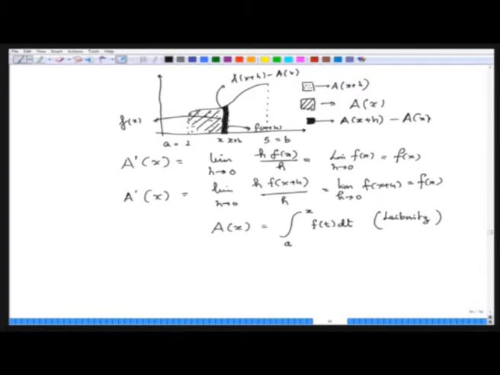Now, you can ask me one important question. A dash x is the antiderivative of f of x. So what is the form of A of x?